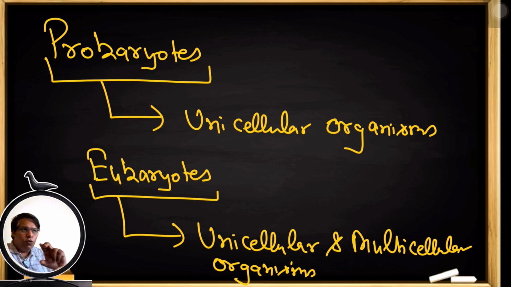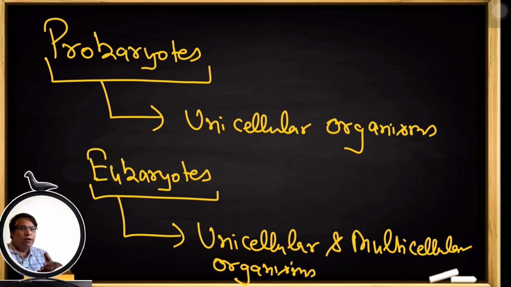So in the case of unicellular organisms, you are going to see just single cell. But in the case of multicellular organisms, you are going to see multiple cells, they might be organized in form of tissue, organs, organ systems. So here in the case of eukaryotes, remember you are going to see both unicellular as well as multicellular organisms, but in the case of prokaryotes, you are going to see unicellular organisms.